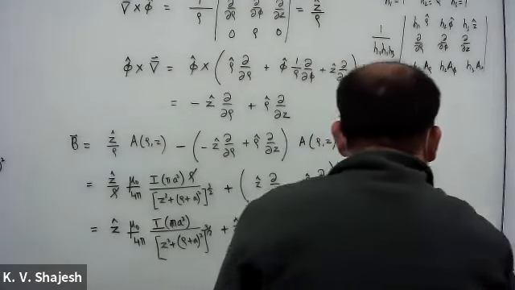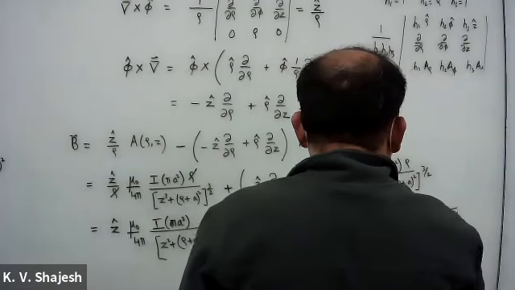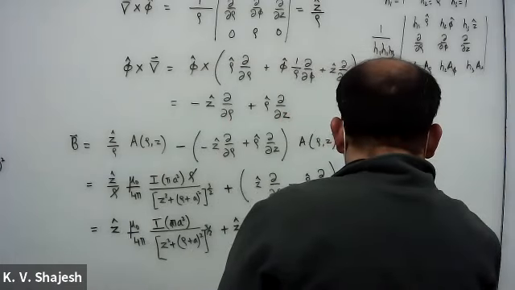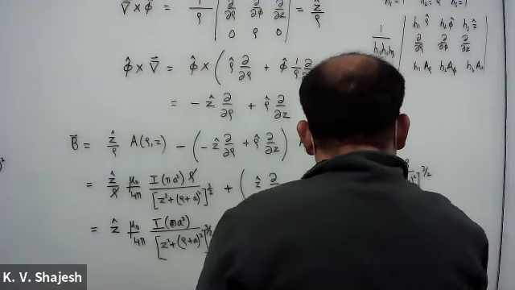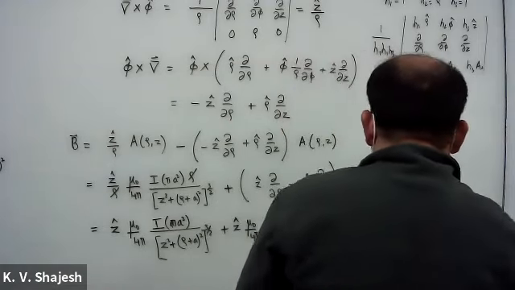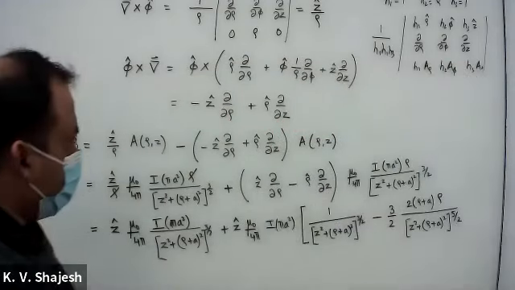Minus 3 by 2 minus 1 by 2, so that's 5 by 2, and 2 times the rho plus a, and then take the derivative with rho, that's done. And there's already a rho there.